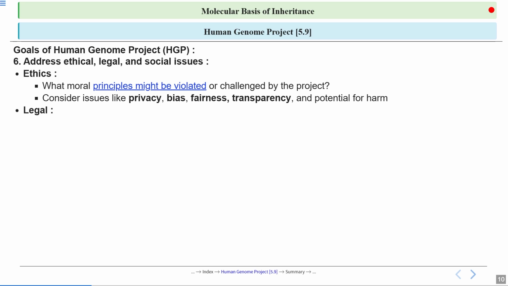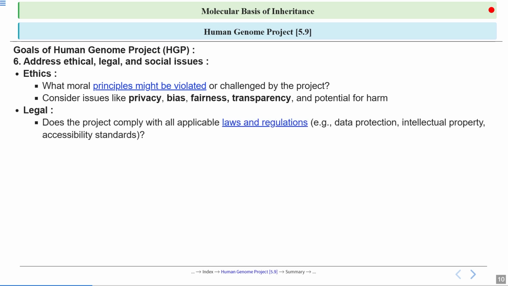Then talking about legal: does the project comply with all applicable laws and regulations? Examples are data protection, intellectual property, accessibility standards.